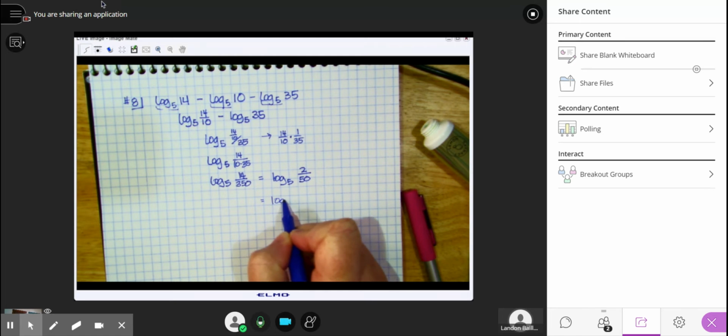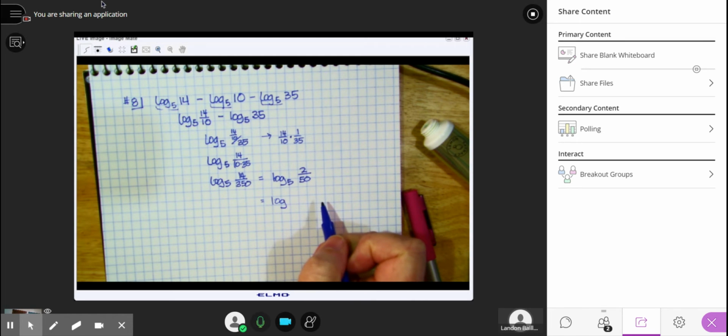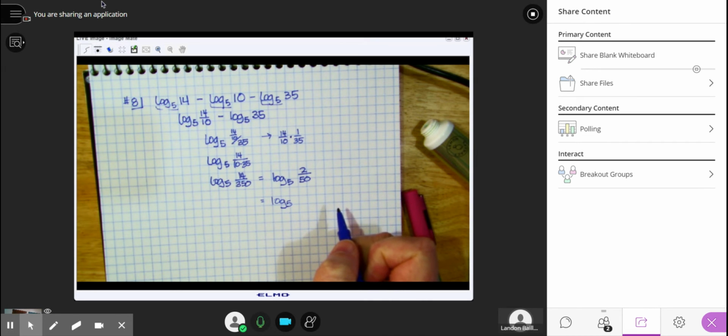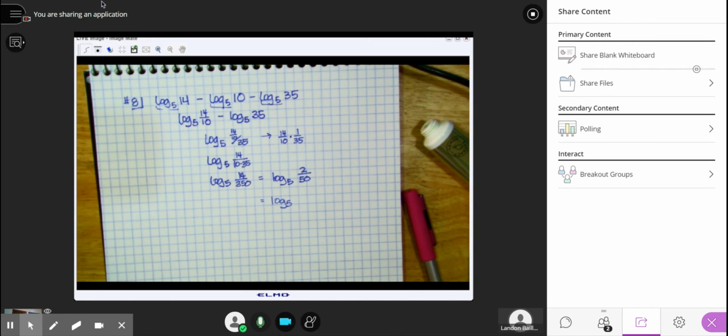Are we simplifying, or are you supposed to get a number? Use the laws. We're not changing bases.